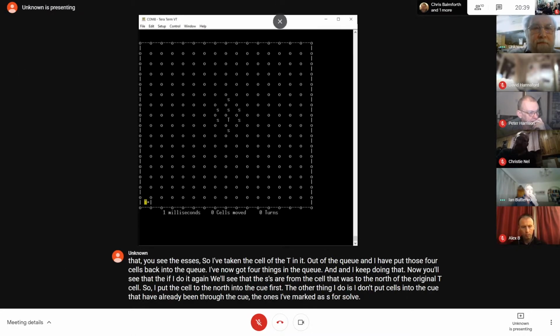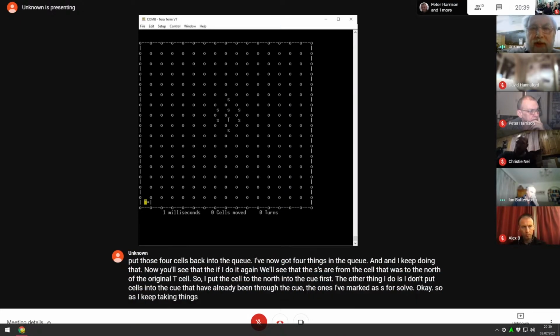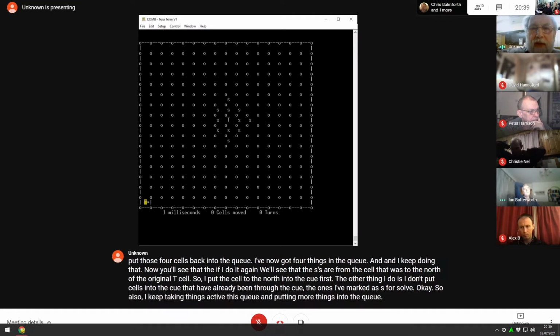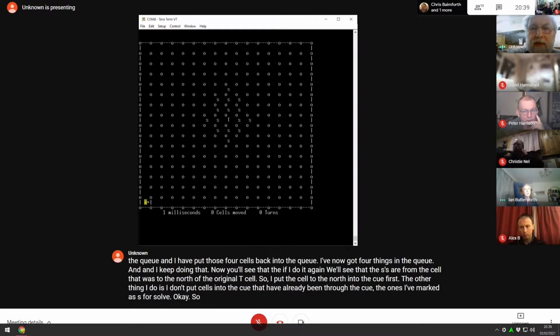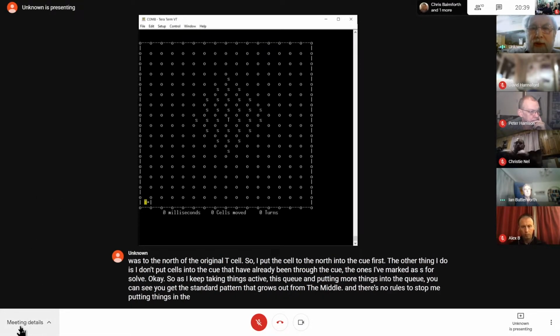So as I keep taking things out of this queue and putting more things into the queue, you can see you get the standard pattern that grows out from the middle. And there's no rules to stop me putting things in the queue, so I just keep on going.